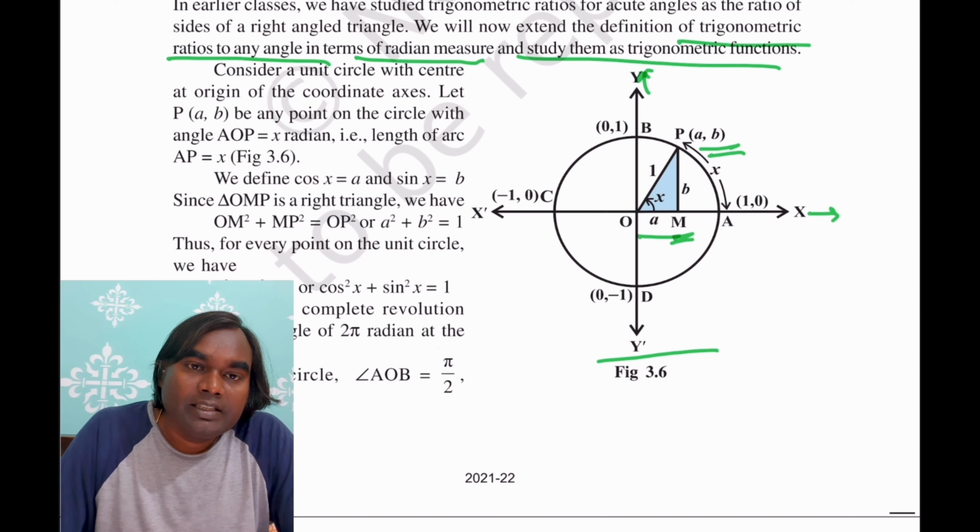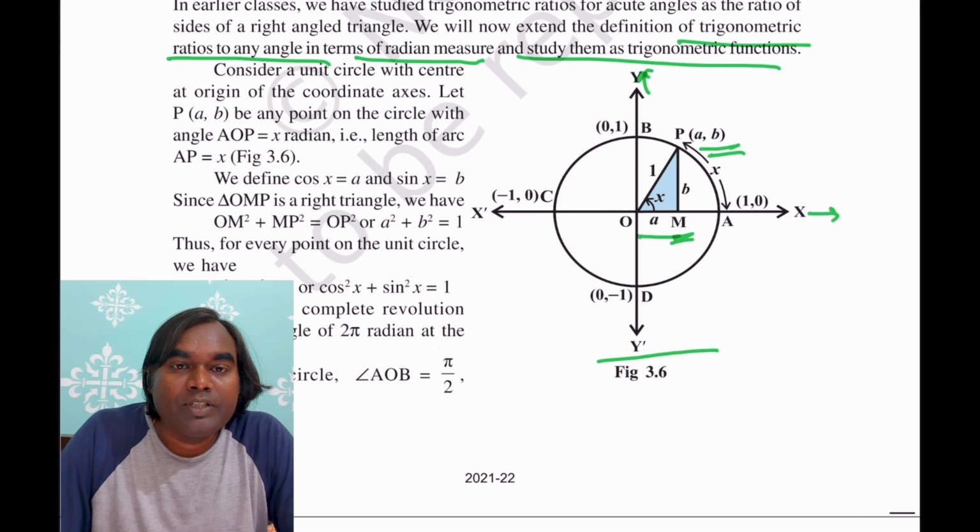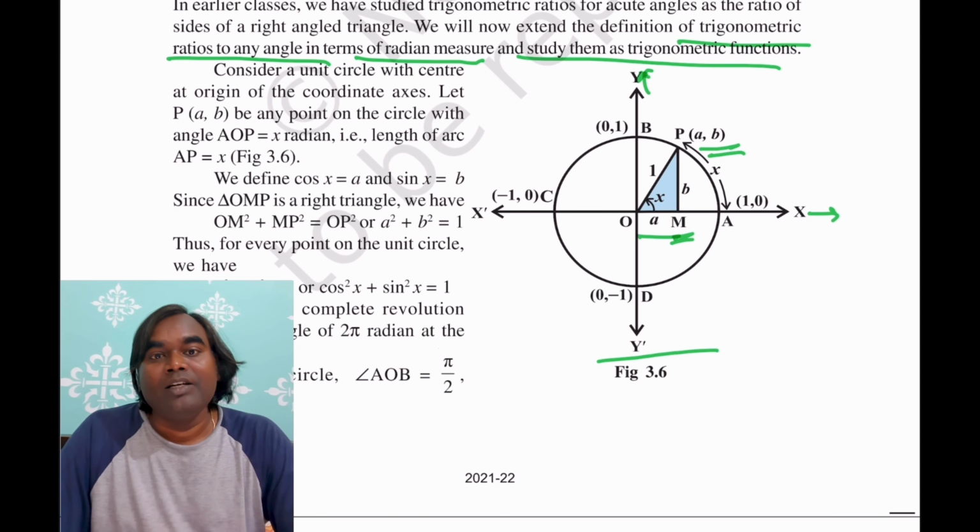So you can see that cos x is equal to a and sin x is equal to b, because here the hypotenuse is equal to 1, because we have taken the radius of the circle as 1 unit.